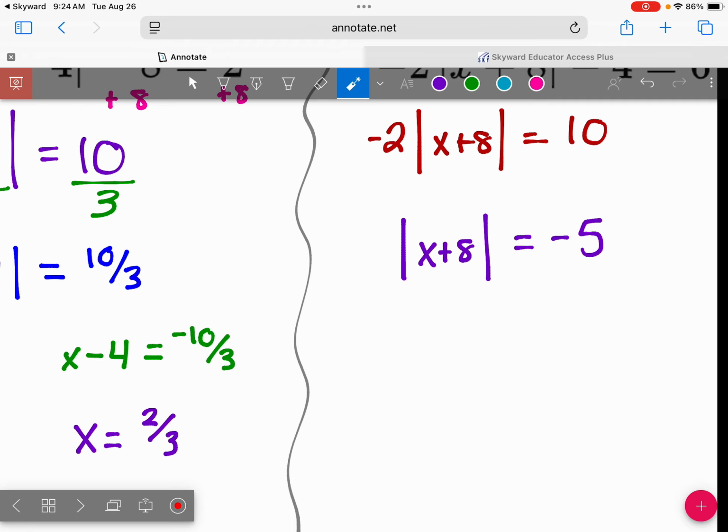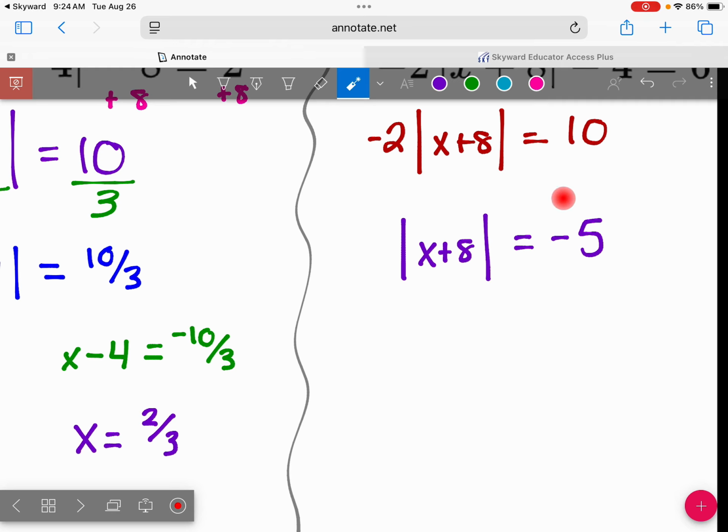I was going to say, that is 100% a super common thing we say. Absolute values, are they going to equal a negative number? Because it's how many steps. That's our distance. We don't measure distance in negatives. Absolute values don't equal negative numbers. So watch out for these.